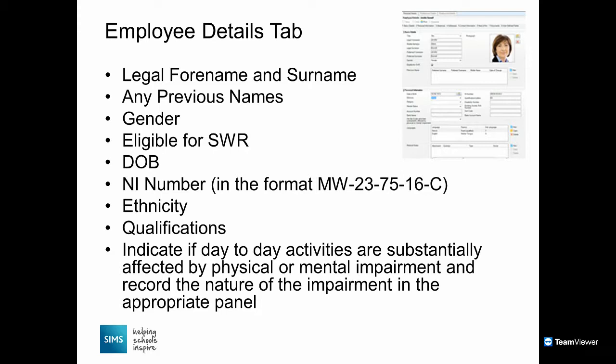Blackburn schools particularly need to make the authority's job as easy as possible by ensuring that if either the school system or the LA system is incorrectly recording forename, surname, previous names, gender, date of birth or NI number, those are recorded identically in both the payroll system and in SIMS.